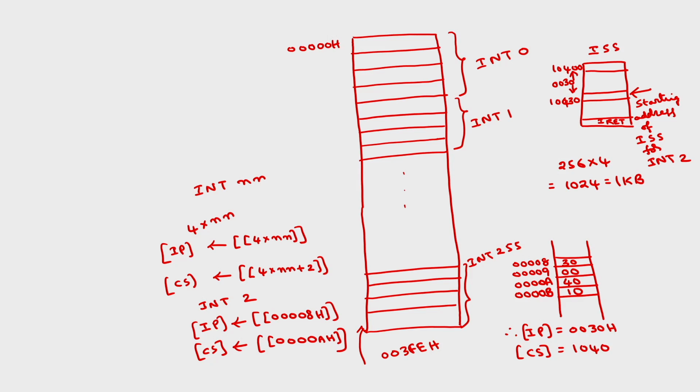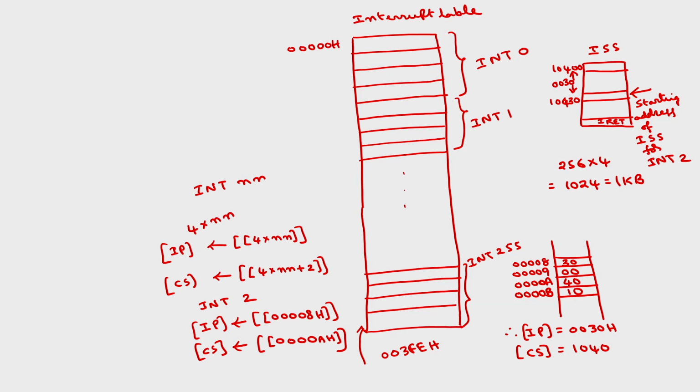So this is called the interrupt table, where the contents of instruction pointer and code segment corresponding to each interrupt will be stored. So this is the process of interrupts.